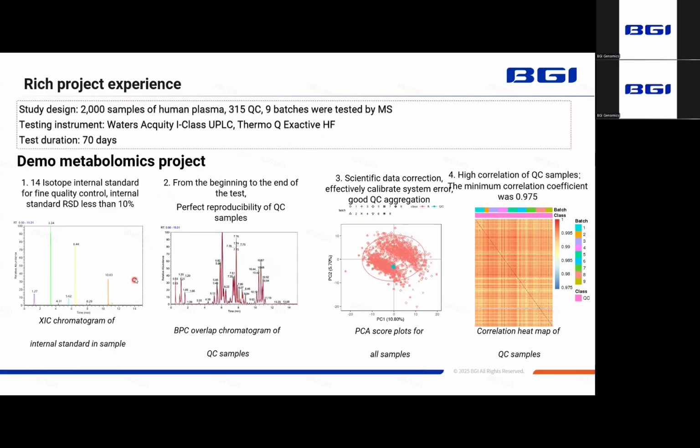Internal standard RSD is less than 10%. QC sample overlap was nearly perfect, with consistent PCA clustering across 9 batches. Minimum QC correlation coefficient of 0.975.